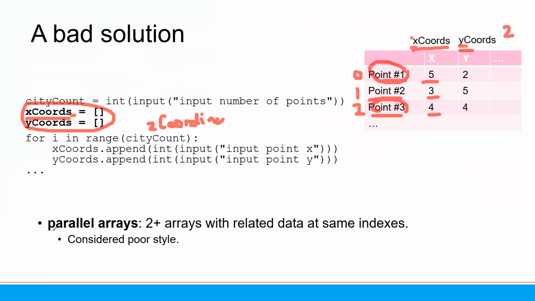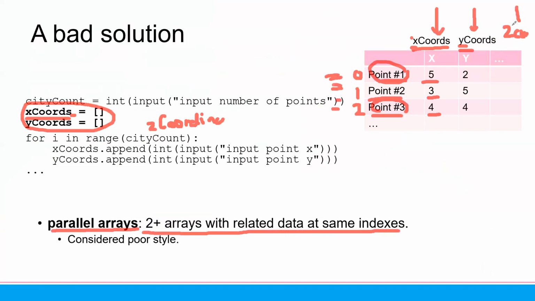So we call this the parallel arrays approach: 2 or more arrays with related data at the same index. If you have another coordinate like the z coordinate, then we have this list for index 0, 1, 2. We have this list for index 0, 1, 2.